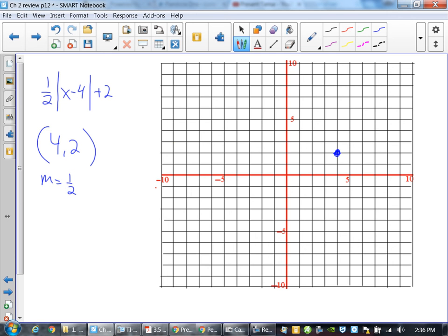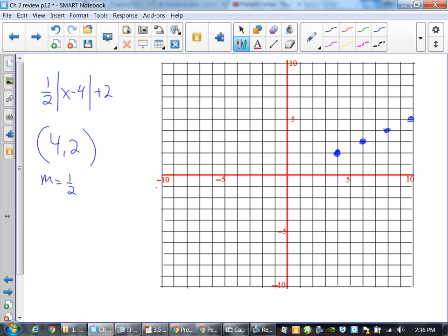The slope is positive, so from here I'm going to go up 1, right 2. But I need to do the opposite way also, so I'm going to go up 1, left 2. And I get this. That's how we graph it. If it's negative, it just means it's going down.